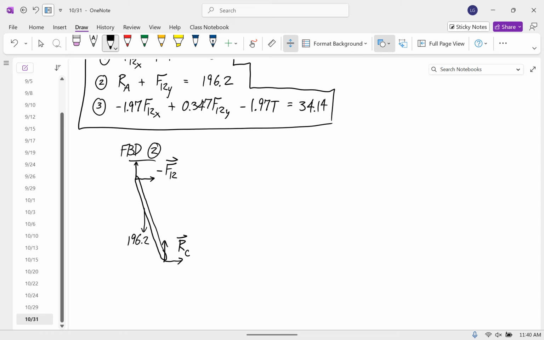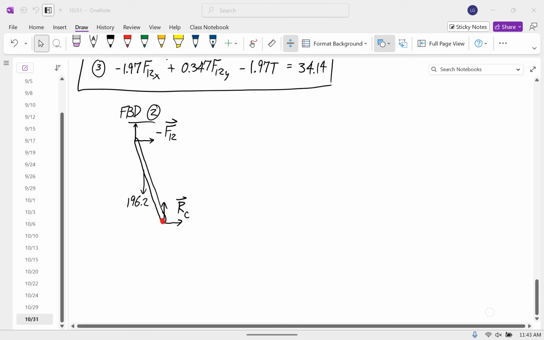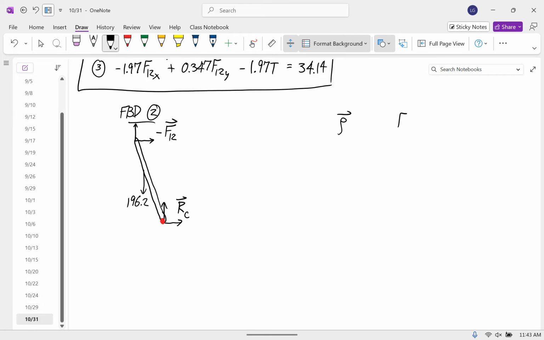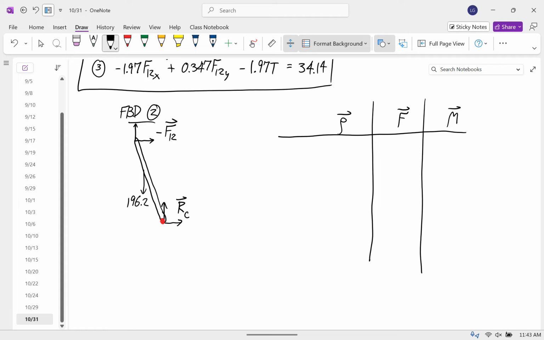Now take a couple minutes and write out the table for that. Let's put the about point here for this one. Row, force, moment. I'll start with RC. Row vector is 0. Force vector is RCX, RCY.